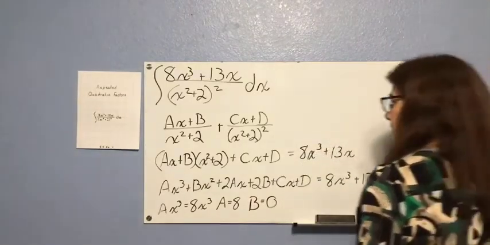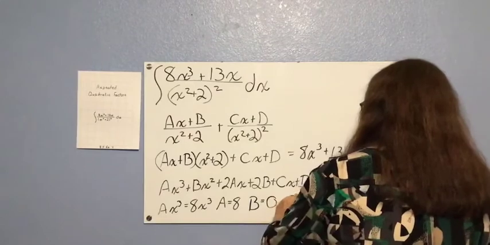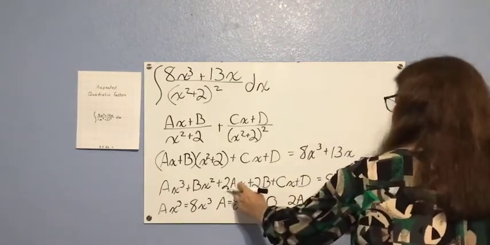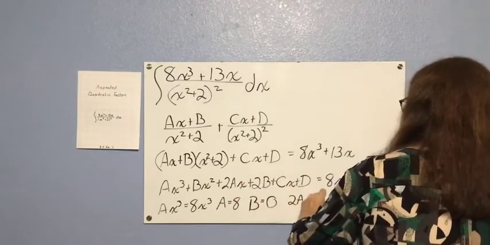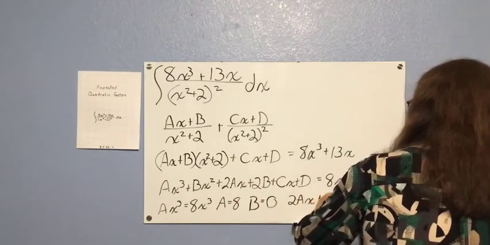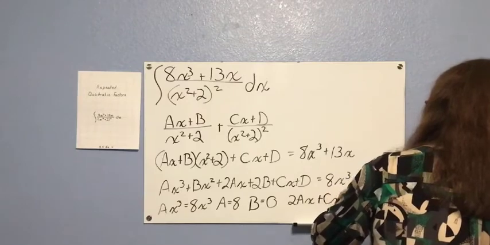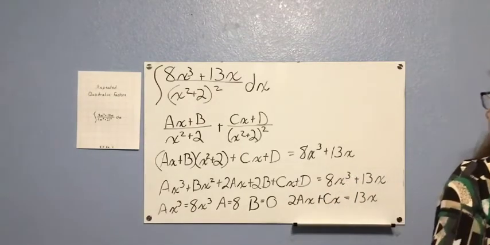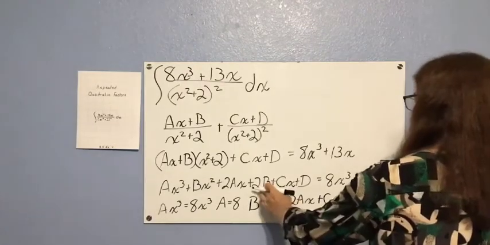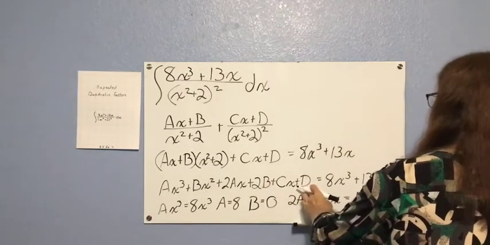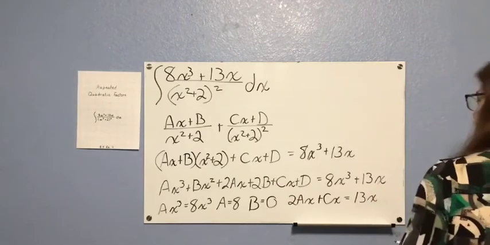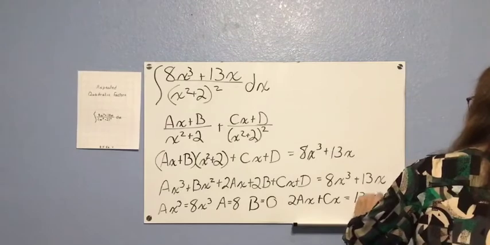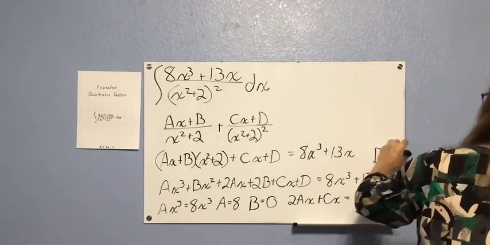For my linear terms, I have 2ax here and cx. So 2ax plus cx must equal 13x. And then I have 2b plus d for the constant term, but there's no constant term here. I already know that b is 0, but this tells me that d is also 0.